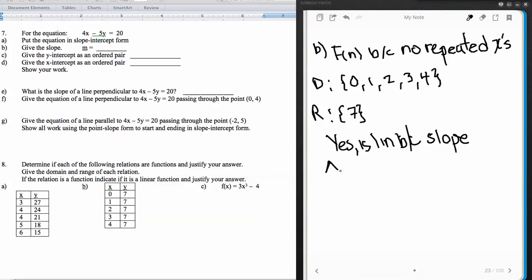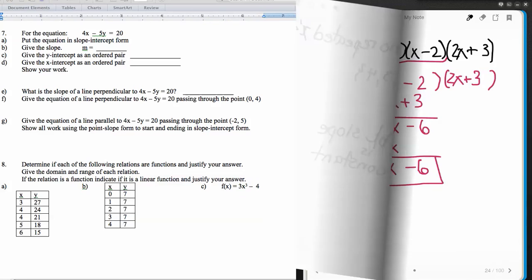So the change in y's, remember our way of looking at that is delta y, to the change in the x's, that is equal to 0, and it's constant. So that is what we're looking at, that we have constant slope.